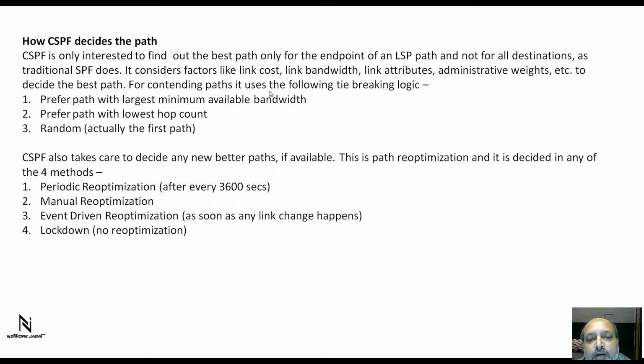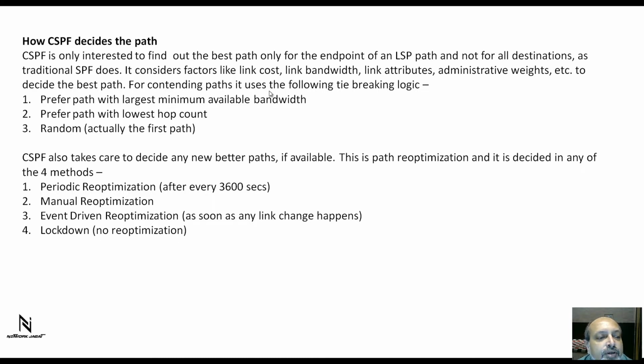Suppose the administrator by force wants CSPF to accept a path as a better path, maybe according to the logic of CSPF that is not a better path, but the administrator is coaxing CSPF to accept that not so better path as a better path. In that case, it will always be a manual reoptimization.